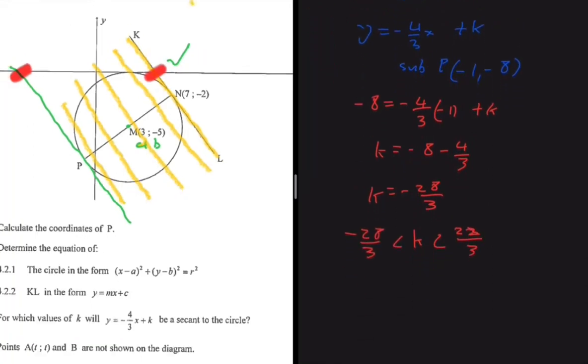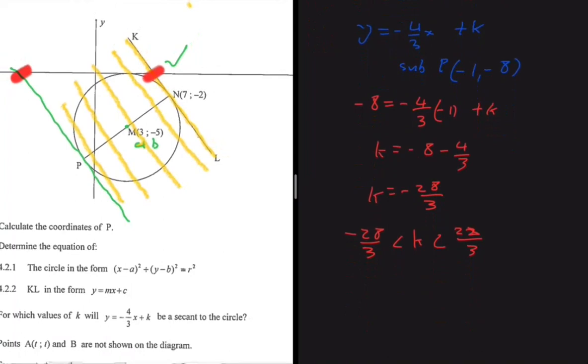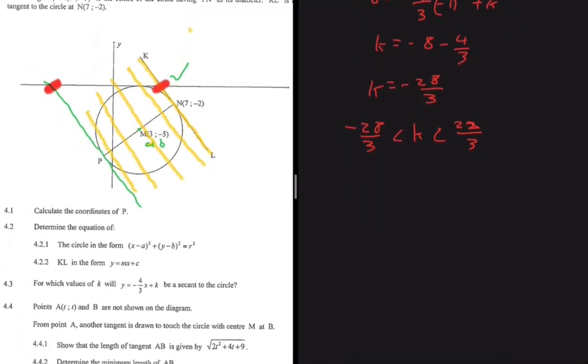That line y equals minus 4 divided by 3 x plus k is a secant to the circle. Now let's do 4.4. So 4.4 is saying that we have points A with coordinates (t, t) and B that are not shown on the diagram.